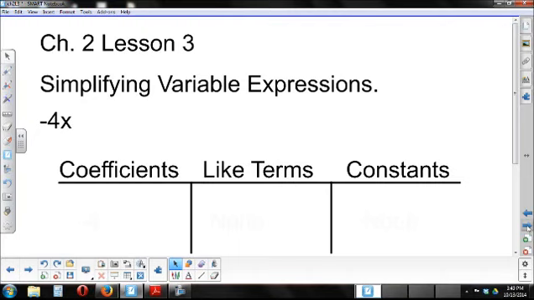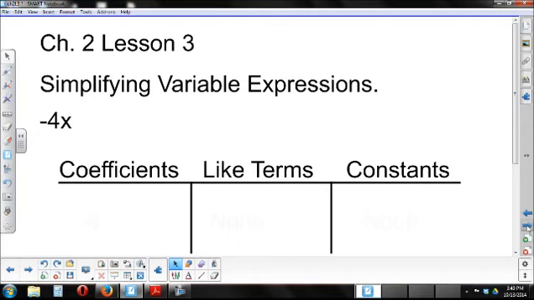All right. Let's look at the next one. Negative 4x. Now this is one term. Can it really be a variable expression? Sure it is. Negative 4 is being multiplied by x. There's one operation there. It's one term, but that's okay. Write down the coefficients, like terms, and constants, and we'll see how you do.